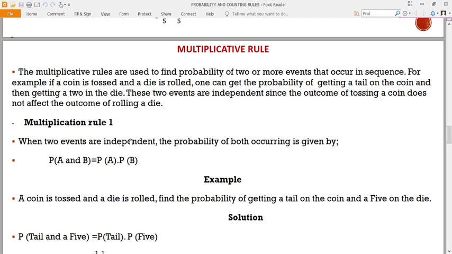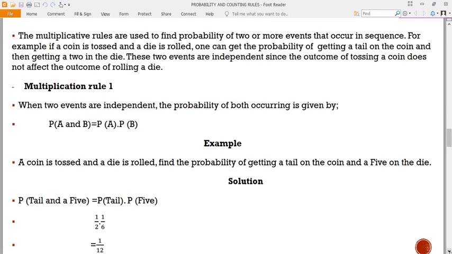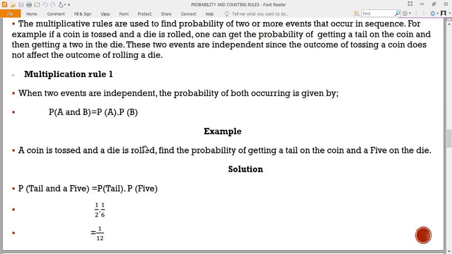So when events are independent, an activity occurring does not influence the occurrence or non-occurrence of the other activity. Therefore the probability of A and B will be the probability of A times the probability of B. We have an example: if a coin is tossed and a die is rolled, these are purely independent.